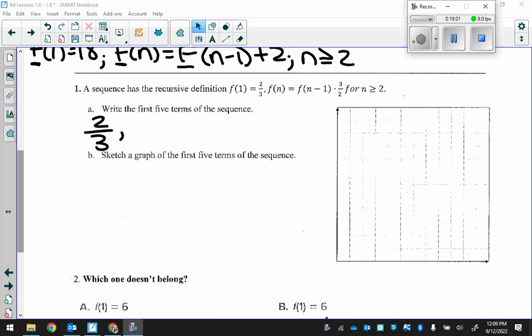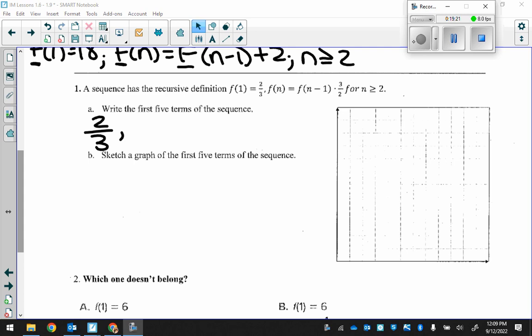Then we take our previous term, multiply by 1, we should get what? 3/2. Then we take 3/2 and multiply by 3/2 to get 9/4, good.